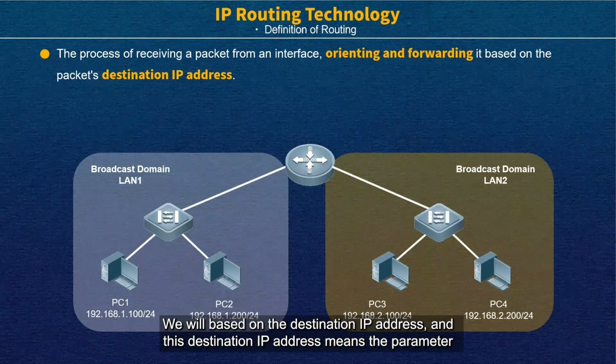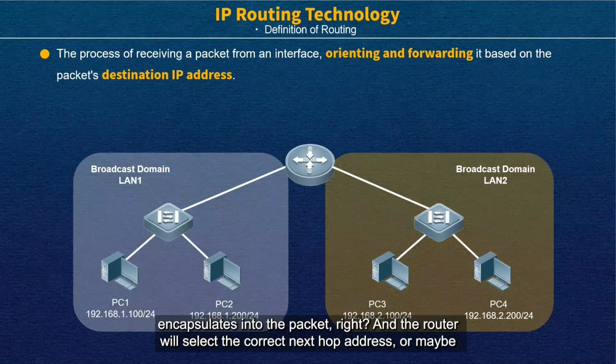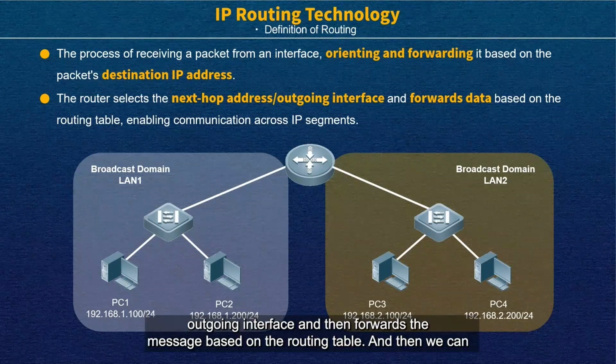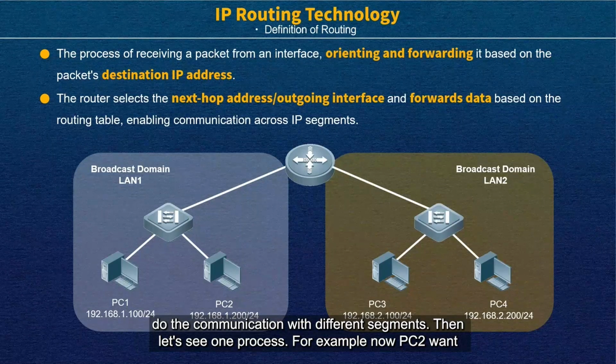We do this based on the destination IP address, which is the parameter encapsulated into the packets, right? The router will select the correct next hop address or outgoing interface and then forward the message based on the routing table. And then we can communicate between different segments.